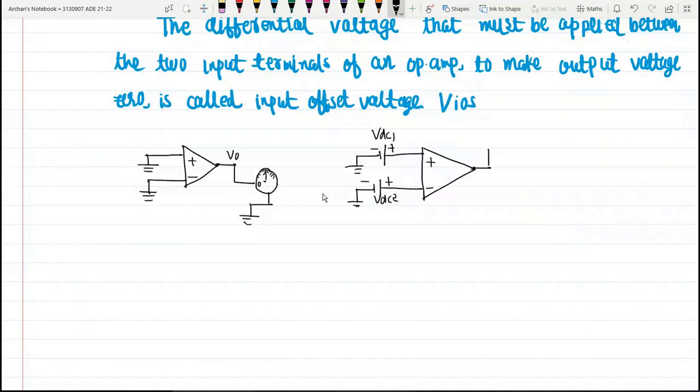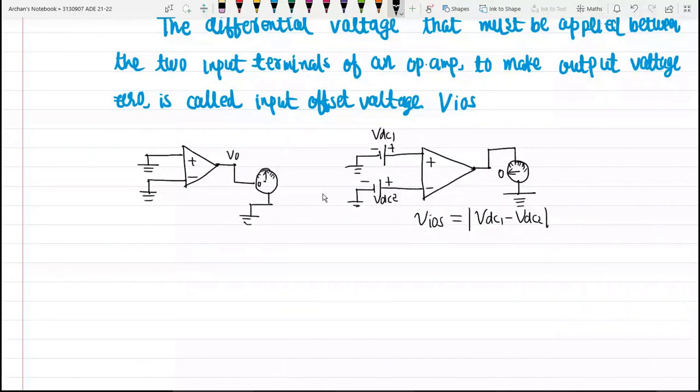This will make our output offset voltage equal to 0. So this VIOS is nothing but the difference between VDC1 minus VDC2. Okay, so this VIOS can be positive or negative. Hence, we need to consider the absolute value of VIOS.